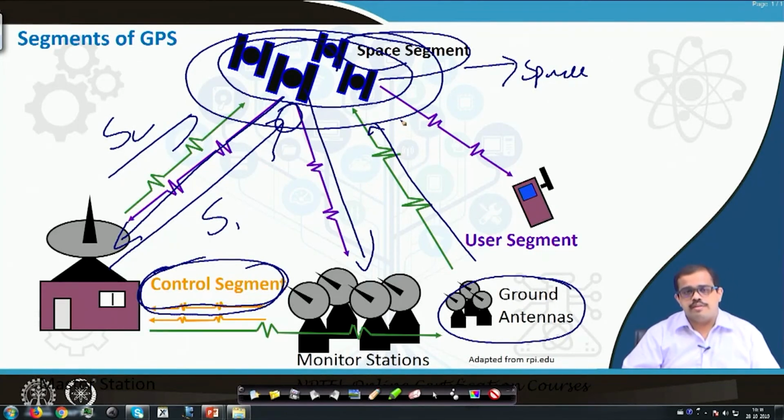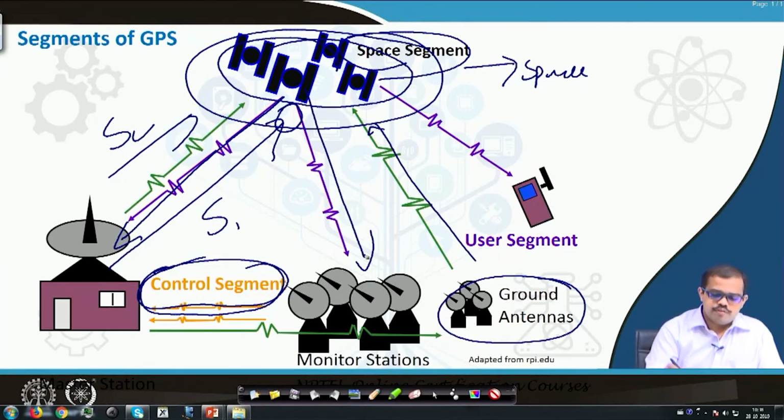I'll let you know how it does that, but as of now, you have a space segment which sends its signal to the control segment on the ground, also called the ground segment, and the corrected signals are sent back to the satellites.